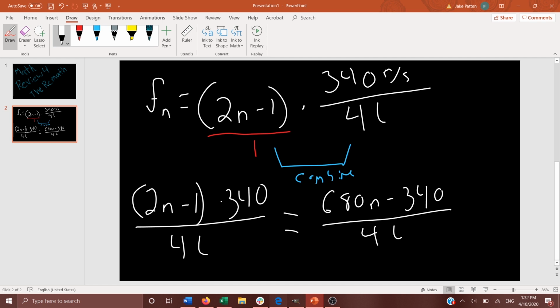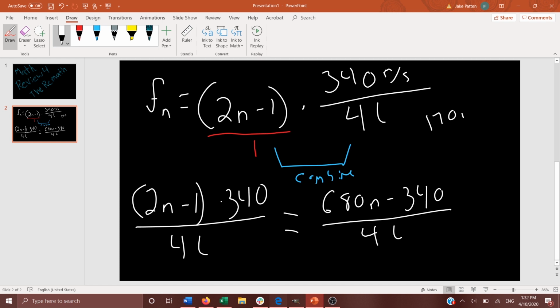Now we can divide both of these by 4, and we can end up with a different, a better, and more concise formula. So hang on one second. I got to use my calculator. 680 divided by 4 is 170.